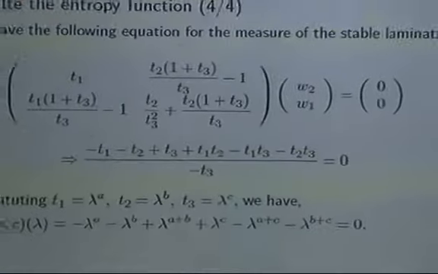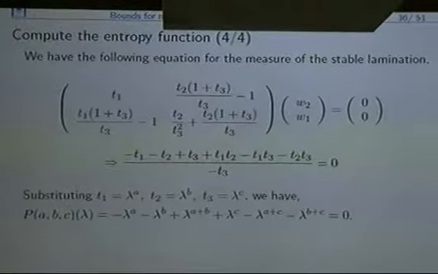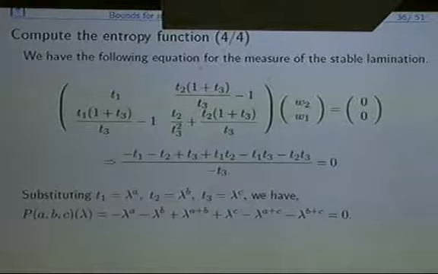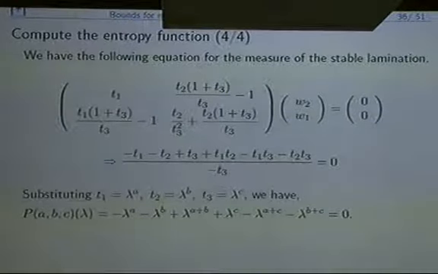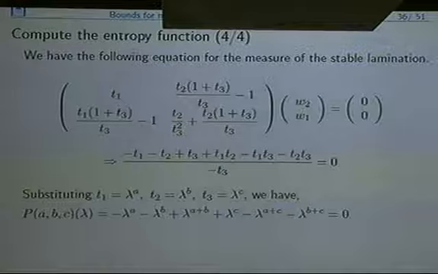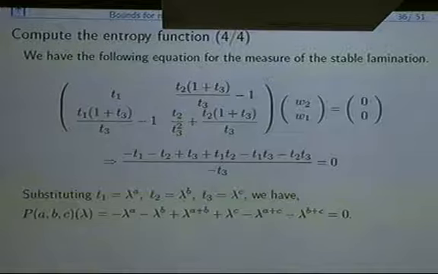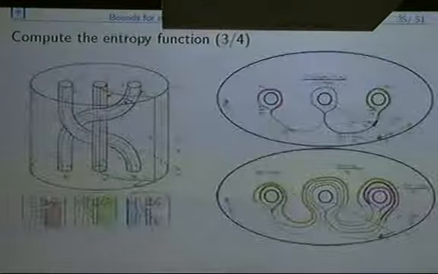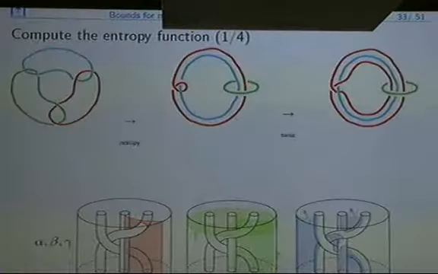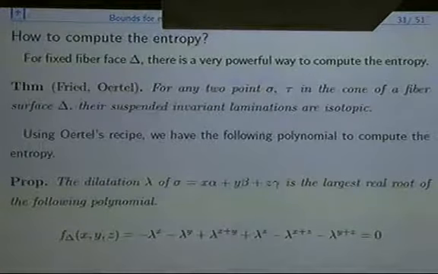And we want to know there is some invariant measure, which means this equation has some solution, and we need the determinant of this part to equal 0, and we have this equation. And I think I didn't explain almost anything, but such kind of things give us this polynomial.